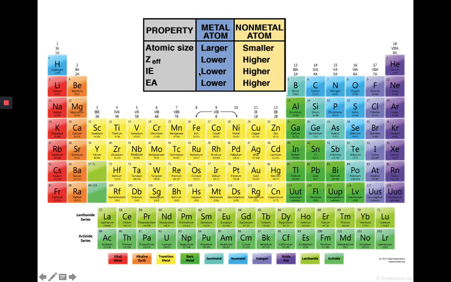But in terms of electron affinity, remember that these metals want to attain a full shell, a configuration like that of a noble gas. So what happens here is it is easier for them to get rid of their one or two or three electrons than to add six more or five more.